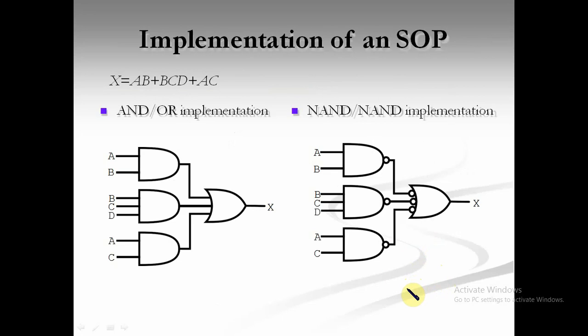That is the implementation of SOP. We take here x equal to AB plus BCD plus AC for AND and OR implementation. Here we take AB, then there are three inputs, BCD, to an AND gate, and AC, and they will be ORed together for the output. Each AND gate's output will be given to the OR gate: AB, BCD, and AC.